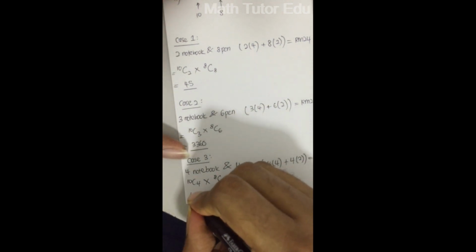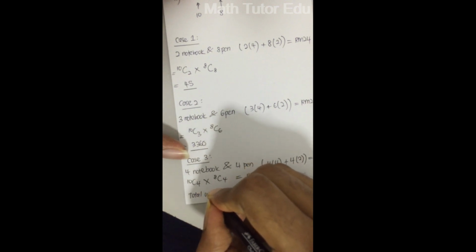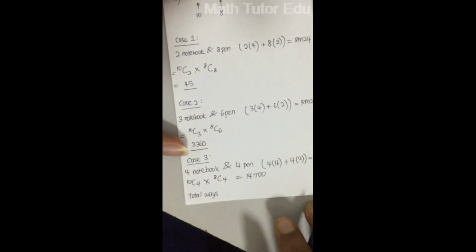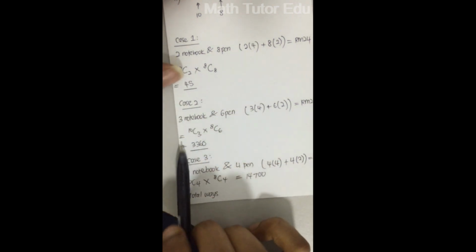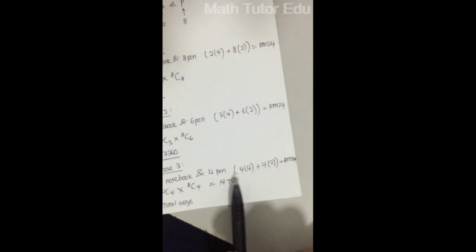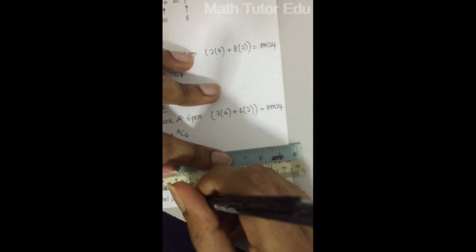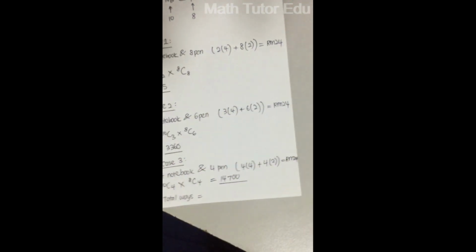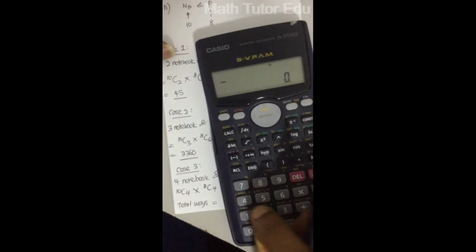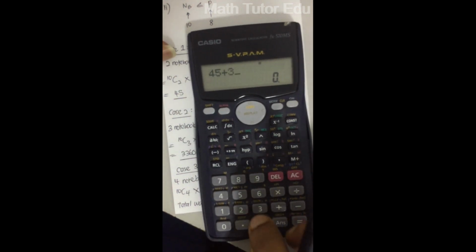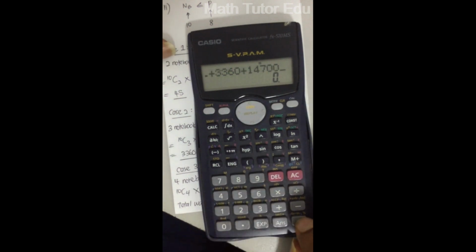Okay, so from here, total ways. Our final answer will be case 1 plus case 2 plus case 3 value. So from here, 45 plus 3,360 plus 14,700.